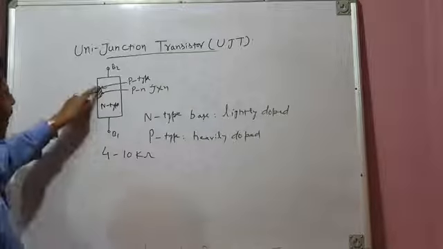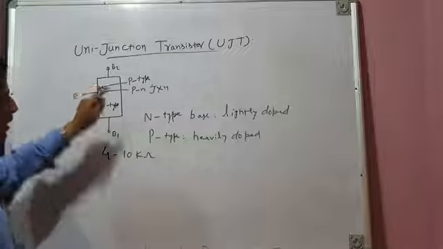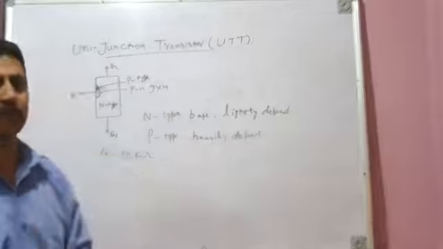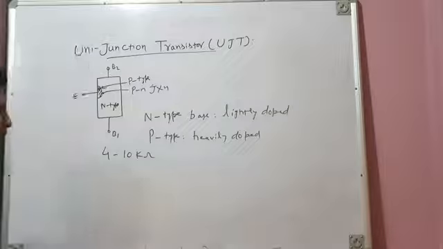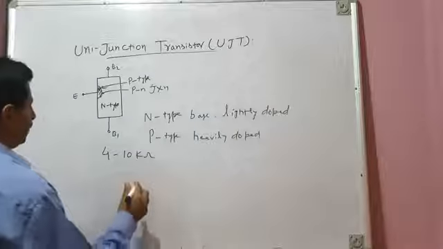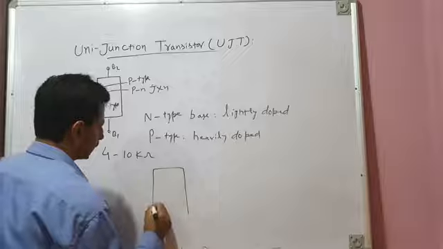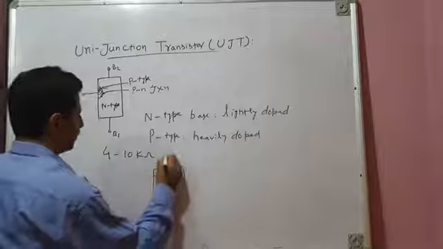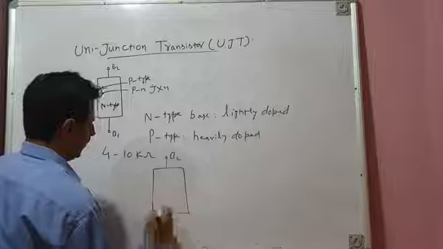And there is only one junction. This is P-type material, this is N-type material, and this is one PN junction. Only one junction is there. That is why it's called a unijunction transistor. Now, if I draw it again, this is base terminal B2, this is base terminal B1.